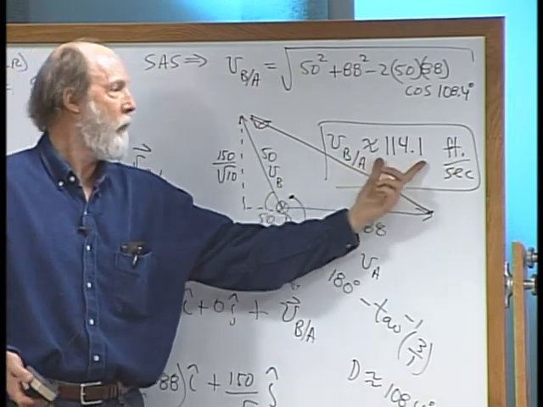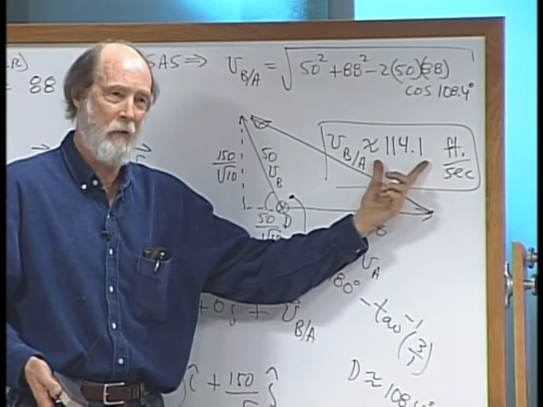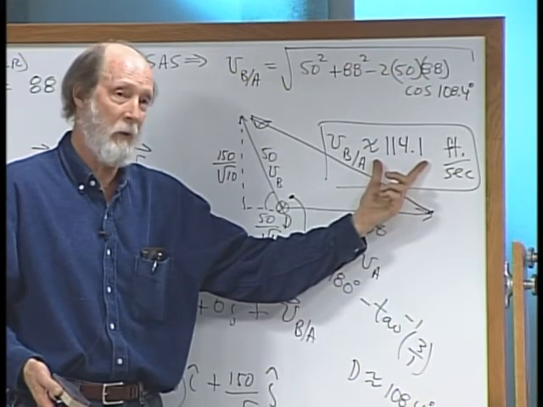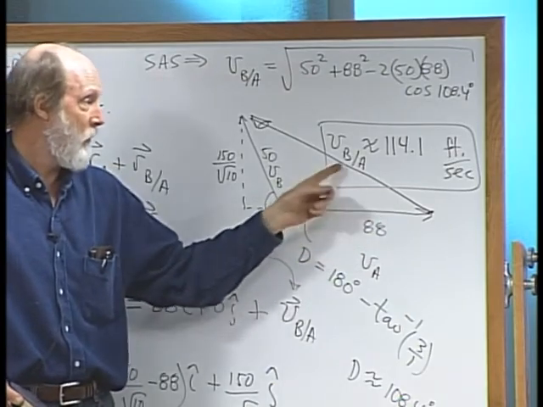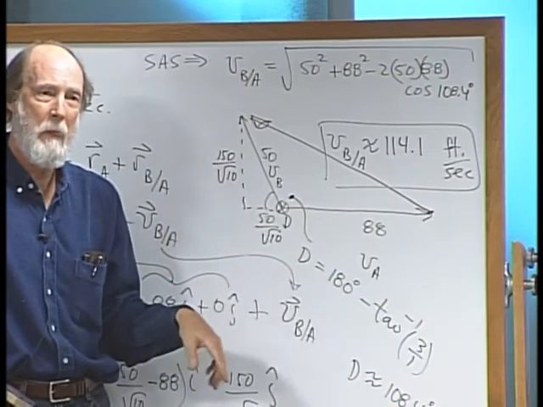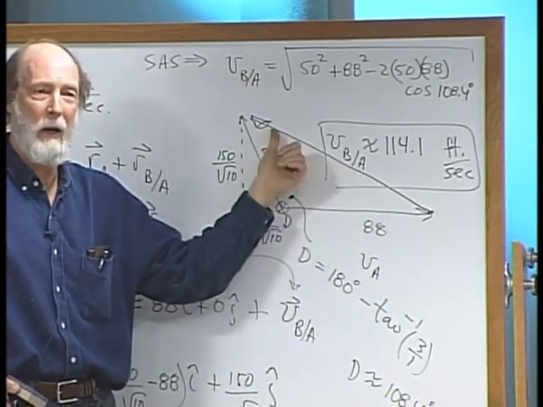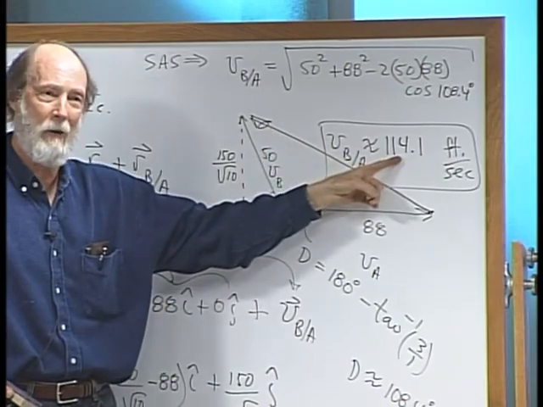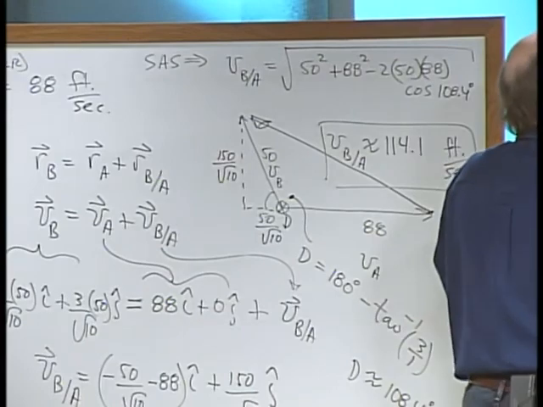So what could I do if I know my 114.1? There's actually a variety of things. I know my 114.1 feet per second, but I don't know that particular direction very well, but I do have this picture. Couldn't I build a unit vector that points that way and tag it onto that magnitude?